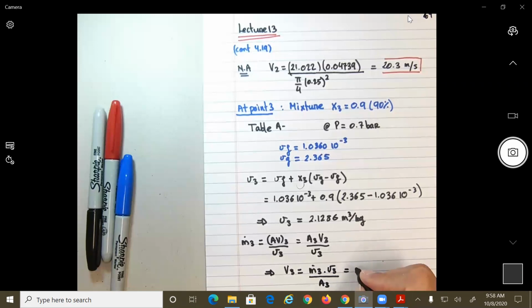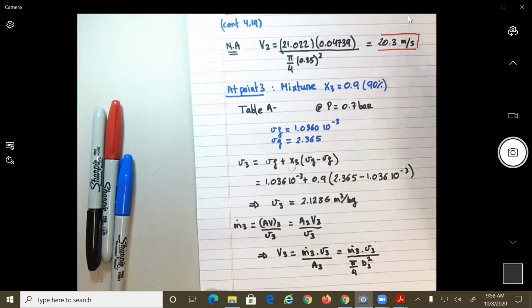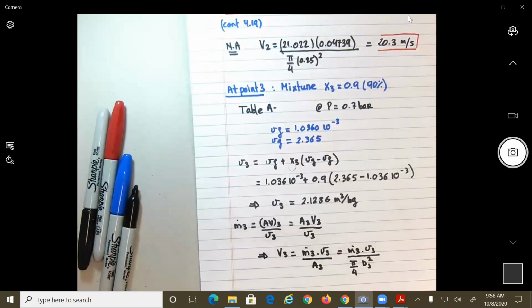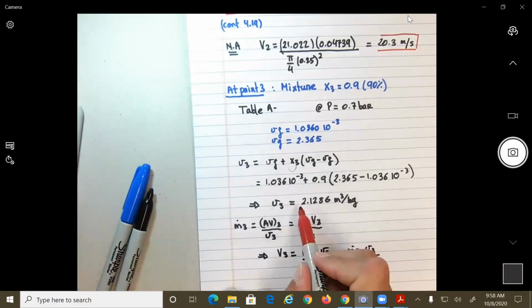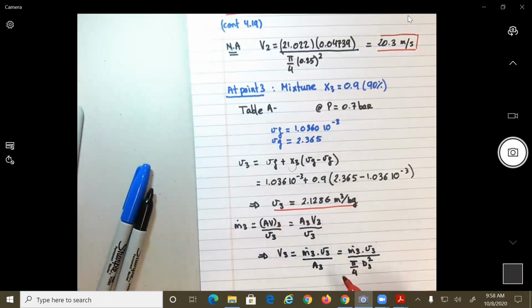And this should be equal to the same thing on top. And the area here should be what? Pi over 4 d3 squared. Okay, so we have over here d3, m3, so we have d3 is known.